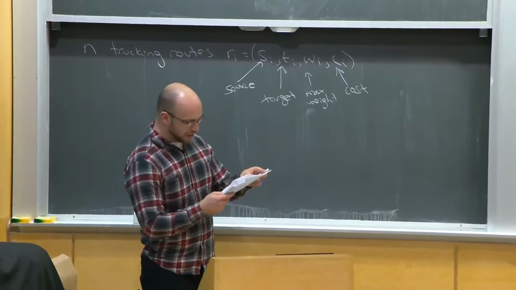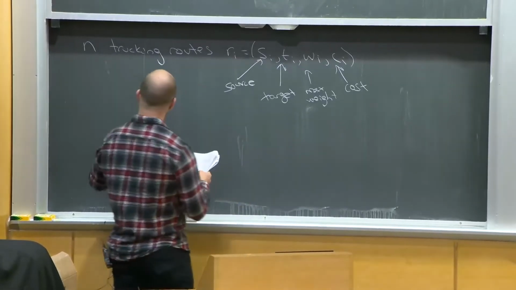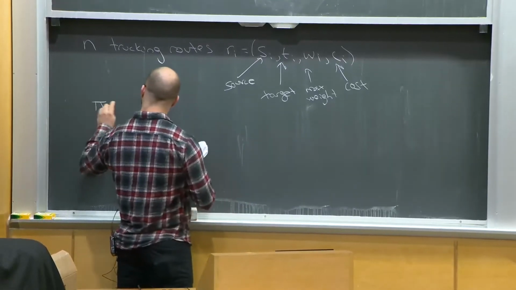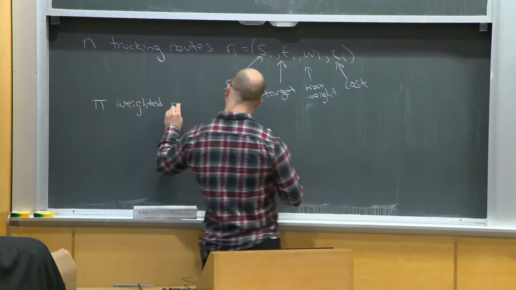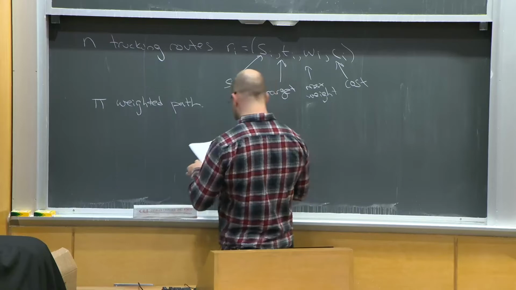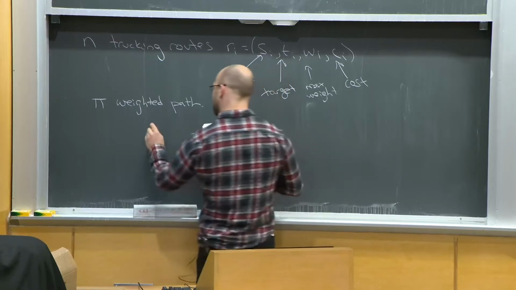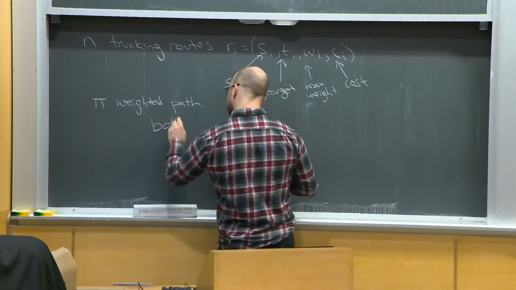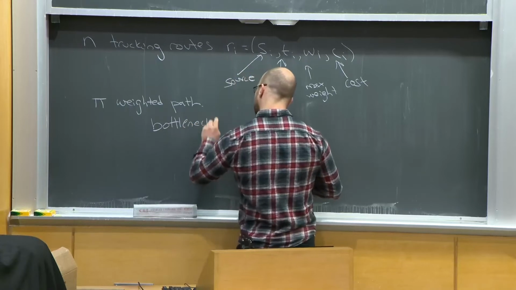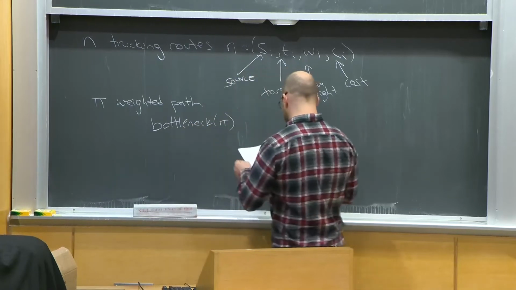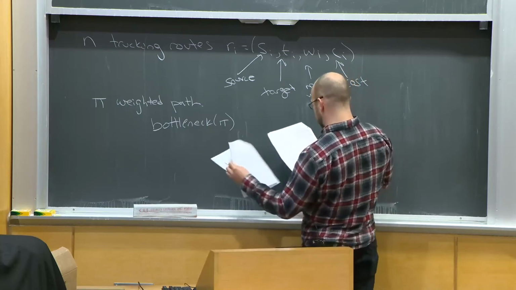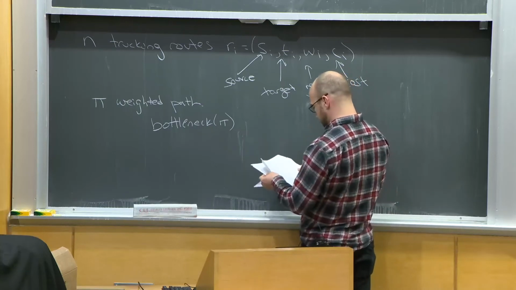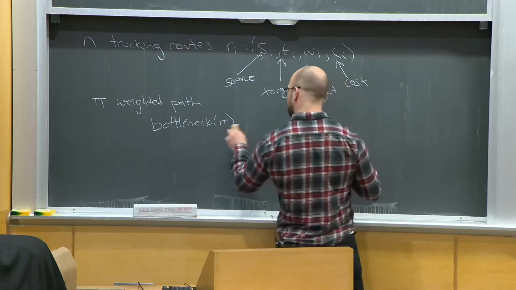But in particular, we're going to make a definition here. So let's say that pi is a weighted path. Okay, then the bottleneck of pi is going to be the minimum edge weight of any edge in pi.